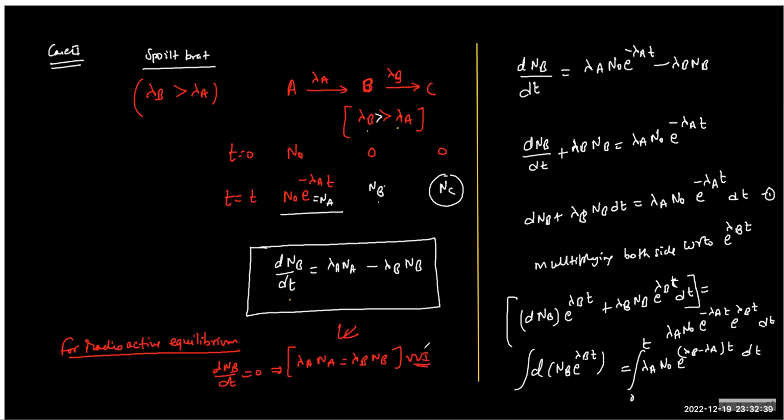Beyond this, if you know mathematics, you can solve. This is a non-homogeneous differential equation. So you have to practice this and just remember the process of deriving the differential equation and getting the answer.